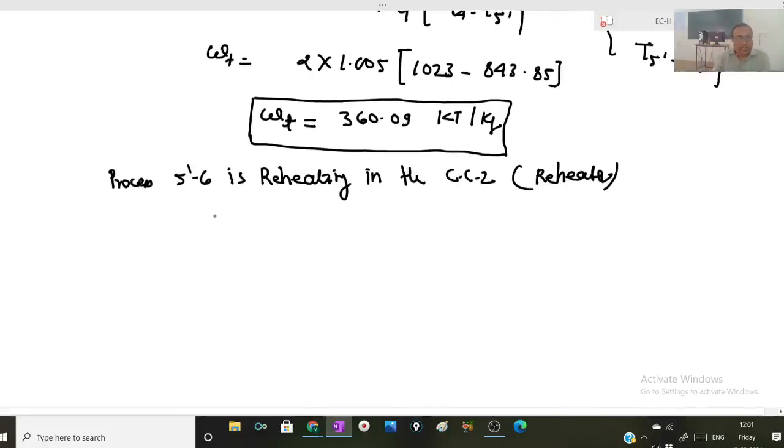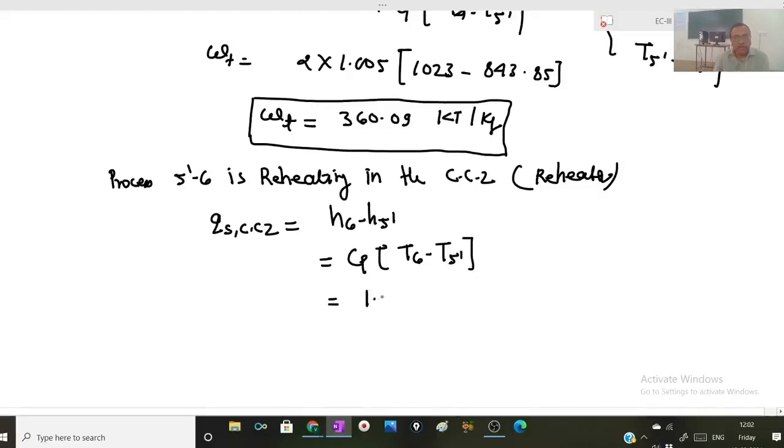So what is that? Qs is the heat supplied in the combustion chamber 2, and this is nothing but H6 minus H5 dash. This will be Cp (T6 minus T5 dash), or 1.005 times (1023 minus 843.85, the value of T5 dash) kilojoule per kg.